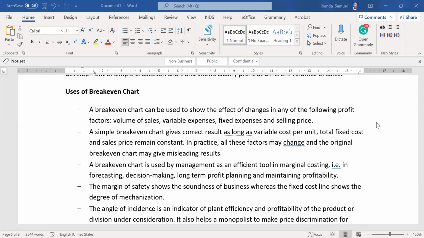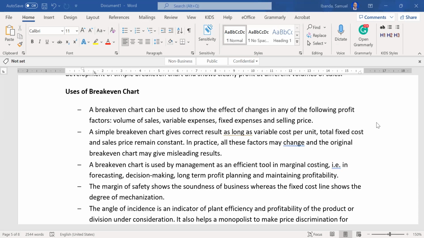It can help us to show effects of changes in, let's say, profit as a result of volume. It can also give us a correct picture of our variable costs per unit. It can also help management in determining marginal cost.